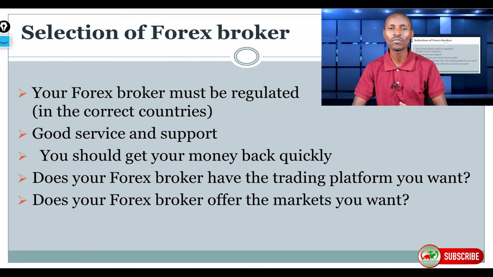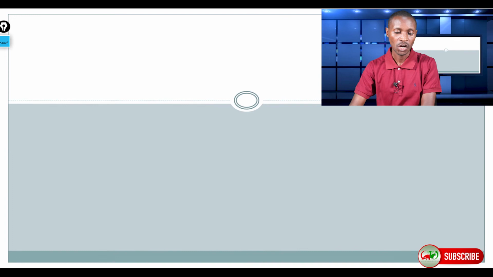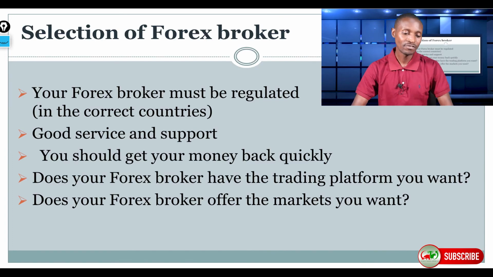There are brokers who provide only currencies, and there are even forex brokers who provide a mix of currencies, commodities, cryptocurrencies, etc. So while choosing a forex broker, you have to check whether this particular broker offers the market you want to trade. These are the main factors you have to consider when selecting a forex broker, and I hope they are very helpful to you in choosing one of the brokers you will be using.